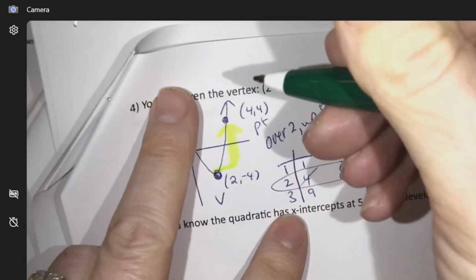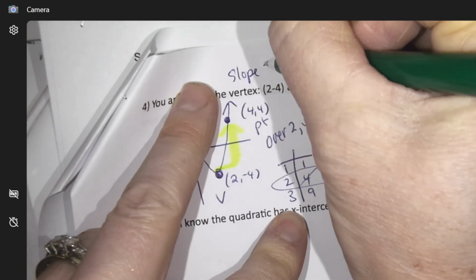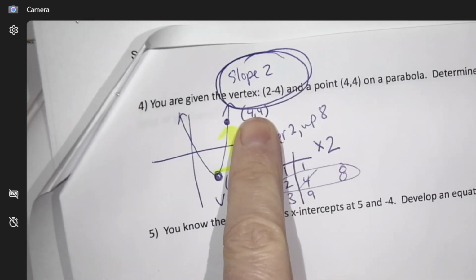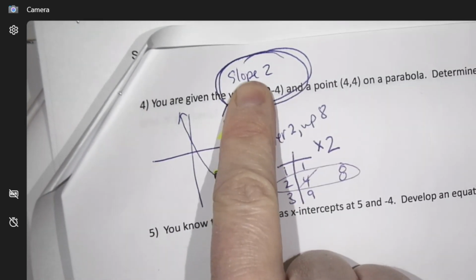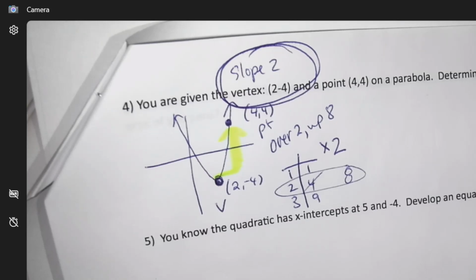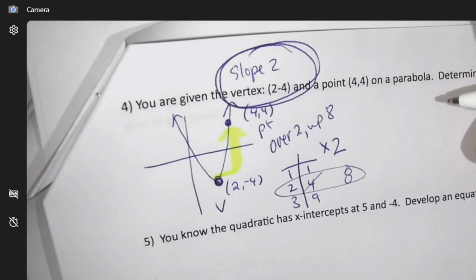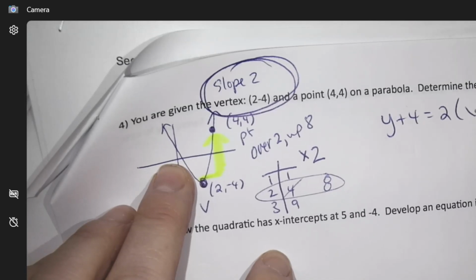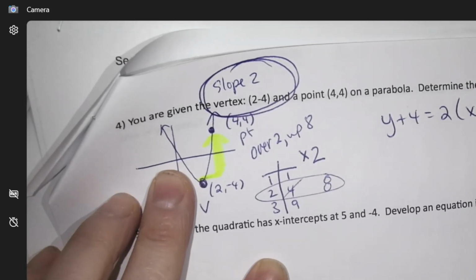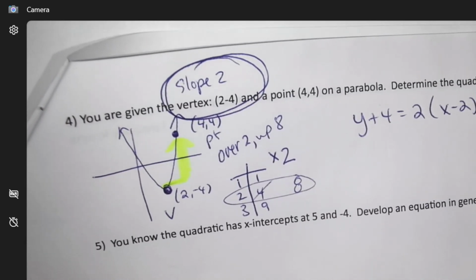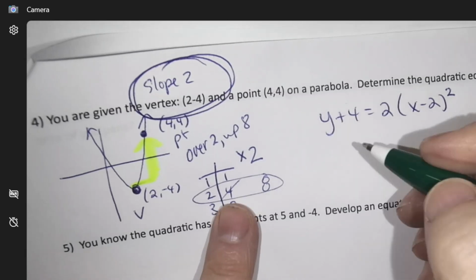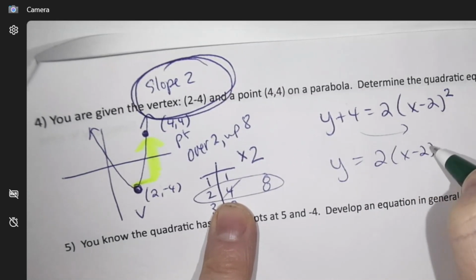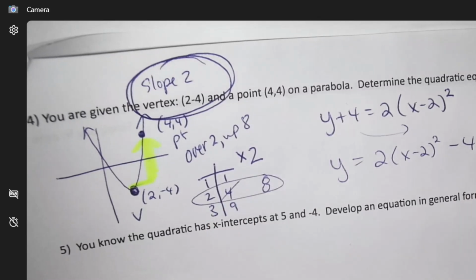So you're going to make an equation using a slope and a vertex. So I'm going to give you two options. You could do it in this form, or you could have had the number at the end.